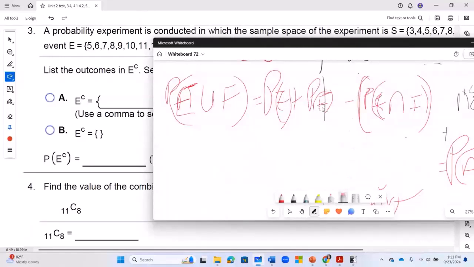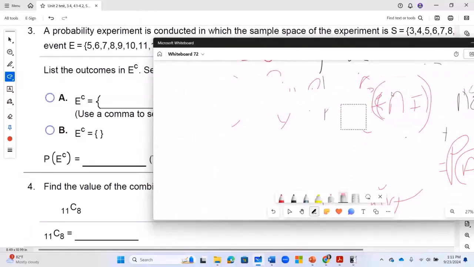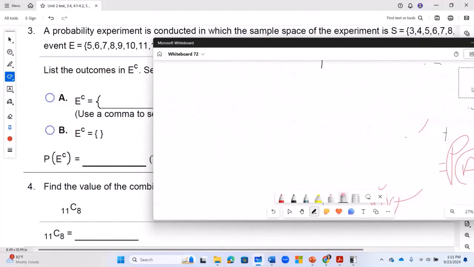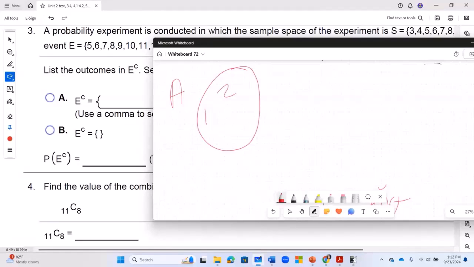Suppose I have an oval that represents A, and A contains numbers 1, 2, 3, 4, and there's another oval, B, that contains numbers 6, 7, 1, 5.